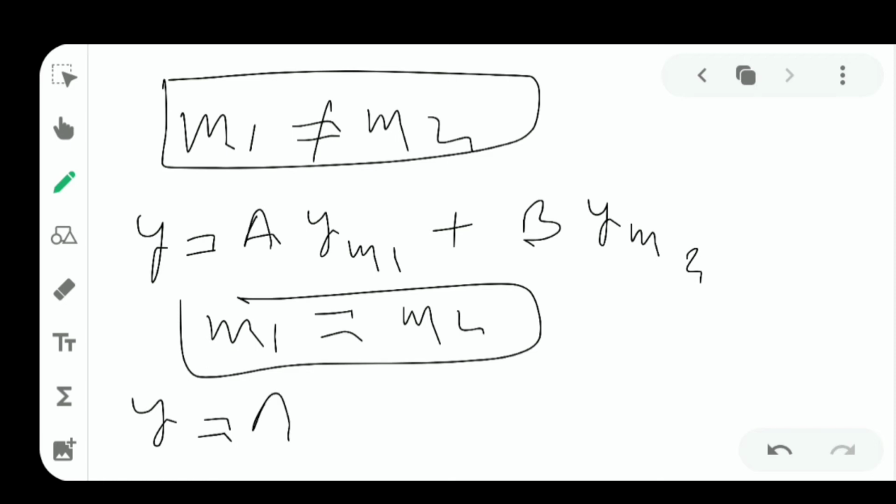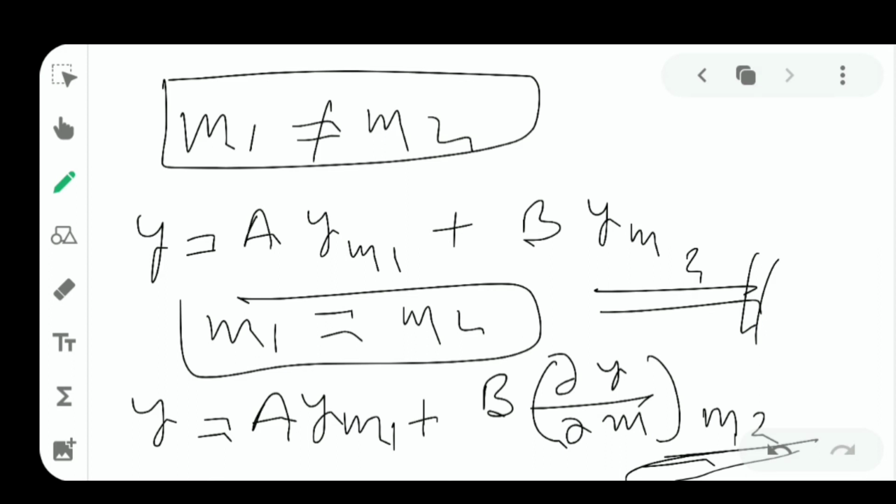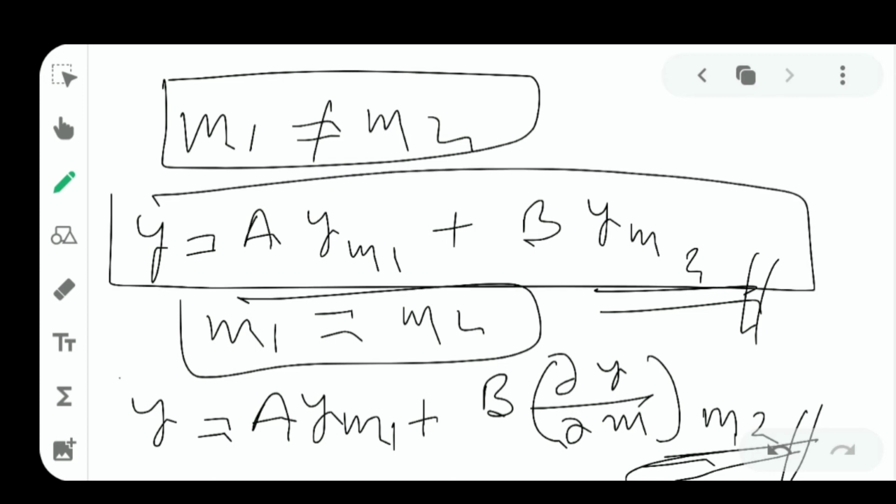The solution will be a y m1 plus b del y upon del m, and you have to put the value of m, which will be m1 and m2. These two are different things, so don't confuse them. If m1 is not equal to m2, we use this condition, and if m1 is equal to m2, we use this condition.